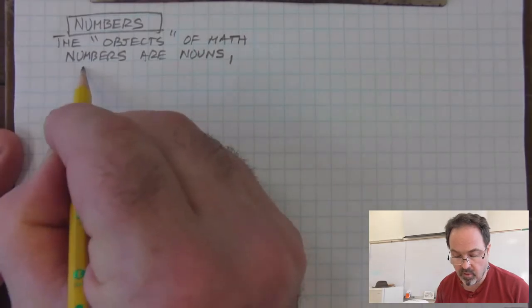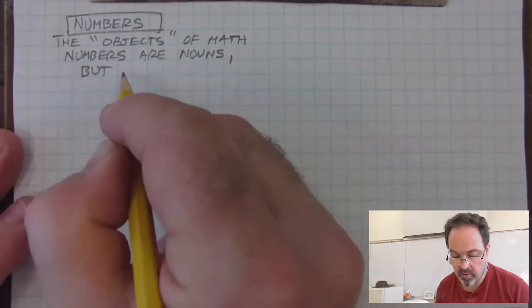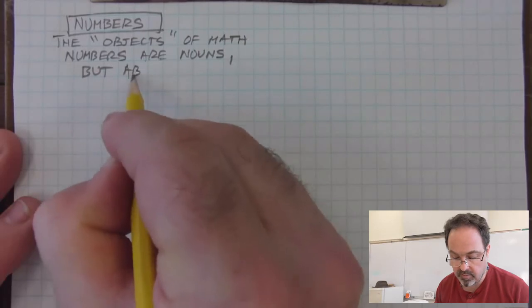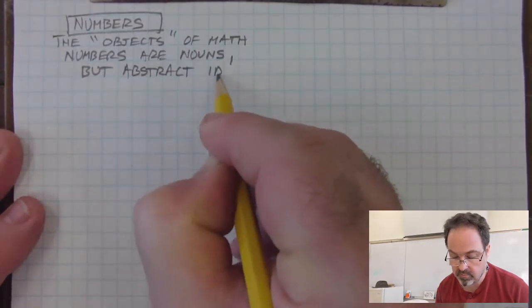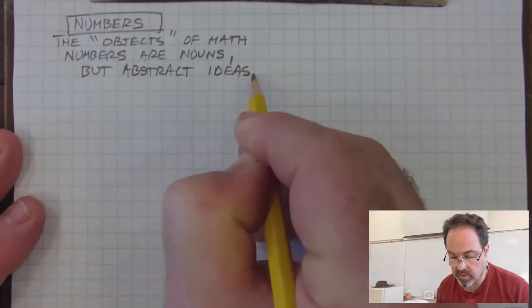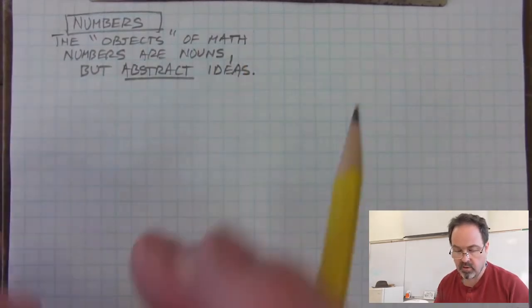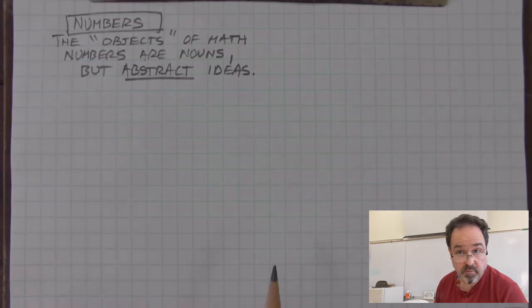And numbers are things, but they're abstract ideas. And many people consider mathematics to be difficult because abstract ideas are not things that you can touch or hold.